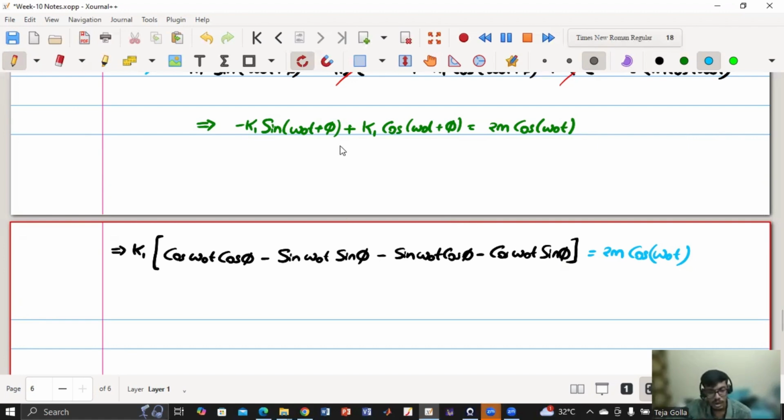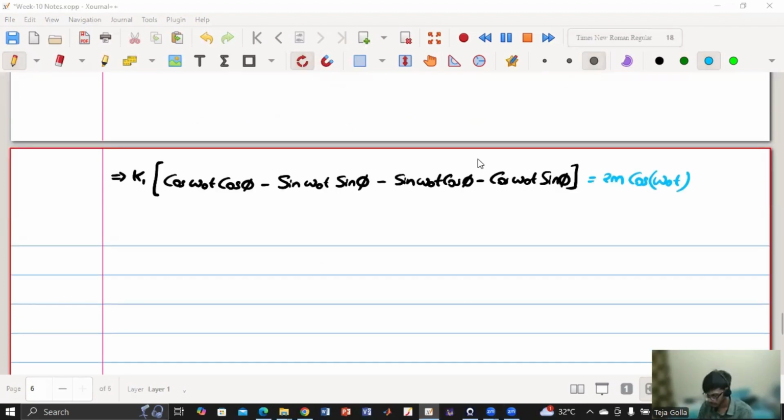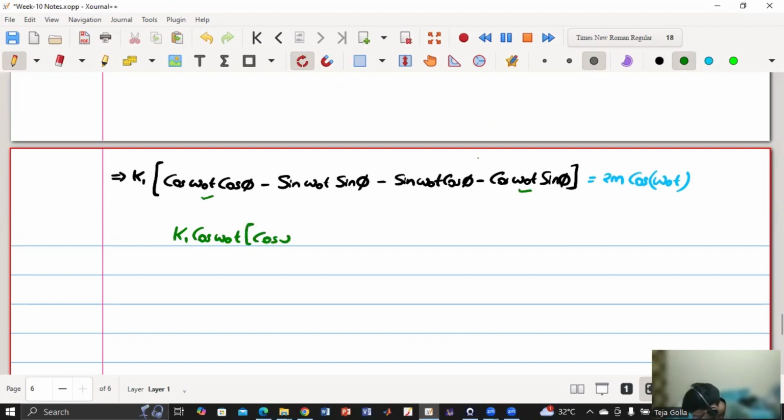Clear. Okay. So now let us segregate cos omega naught terms and then sin omega naught terms. So first I'm segregating K1 into cos omega naught t. So cos omega naught t means this term and this term. So we have cos phi minus sin phi. Okay.